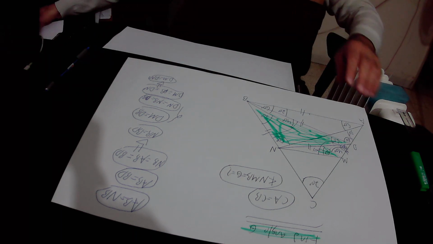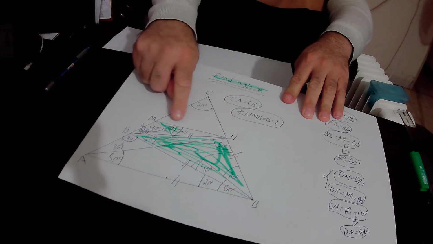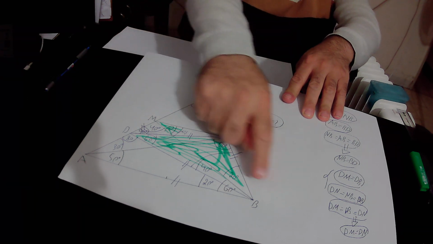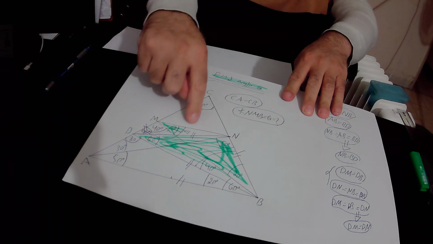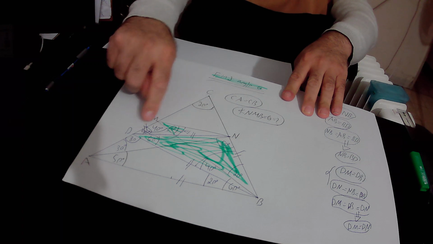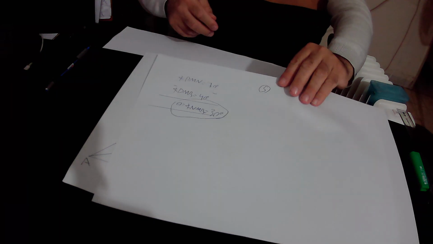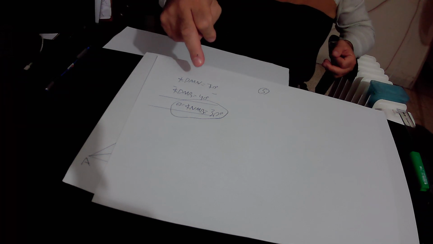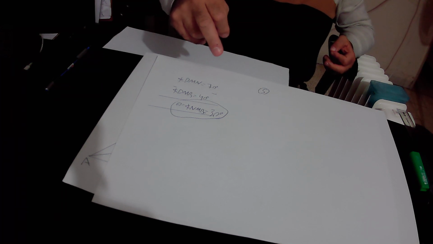So here we have the big angle, angle DMN equals 70 degrees, minus the small angle, angle DMB that is equal to 40 degrees, must be equal to the missing angle, angle theta, which is actually defined as angle NMB. 70 minus 40 is 30 degrees.